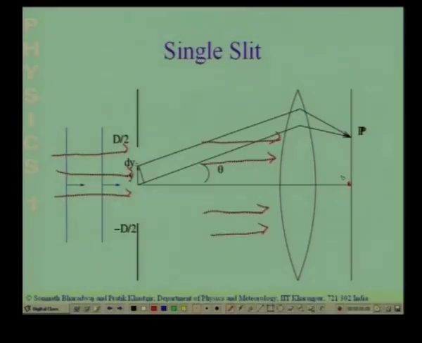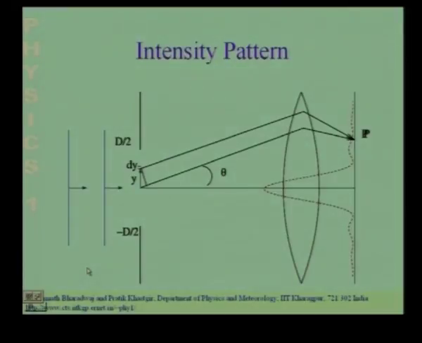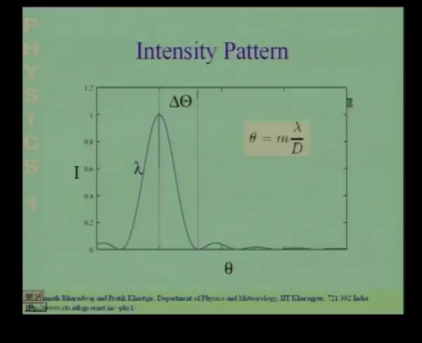So, in reality you do not get a single bright spot at the center. What you get is an extended bright spot at the center, and there are other spots located above and below this bright spot. So, you have this fringe pattern. Let us analyze this fringe pattern.